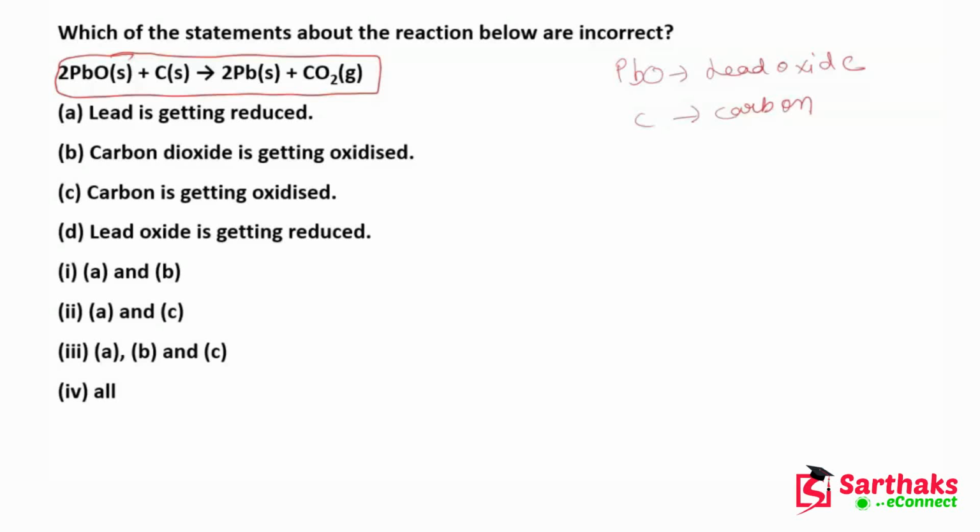You can clearly see that this lead oxide is converted into lead, so that's why lead oxide is reduced to lead. Now let's talk about the second reactant, carbon. This carbon is converted into carbon dioxide. So we will say that carbon is oxidized. It is getting oxidized into carbon dioxide.